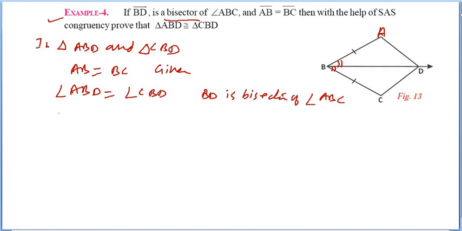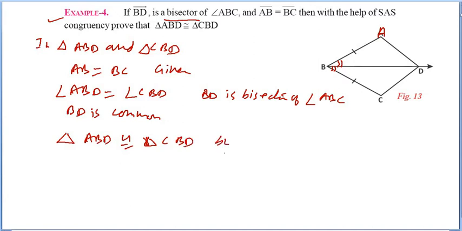Now BD is common. That means triangle ABD is congruent to triangle CBD by SAS. So hence proved.